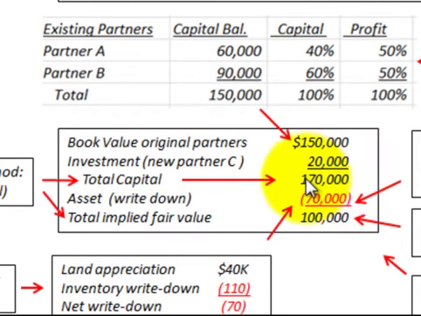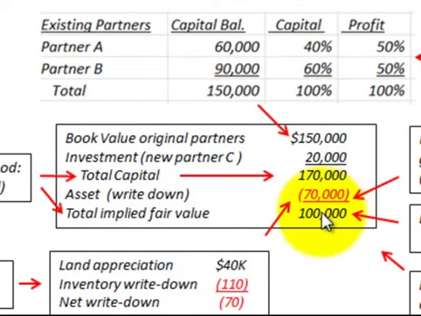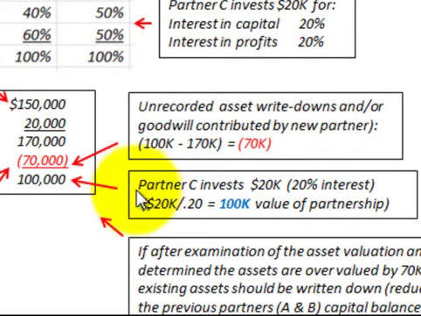This total capital amount of $170,000 and the total implied fair value of $100,000. So when using the Goodwill Method, the total capital amount has to approximate the total implied fair value. So if the total implied fair value is $100,000, we've got to reduce this total capital amount down by $70,000.